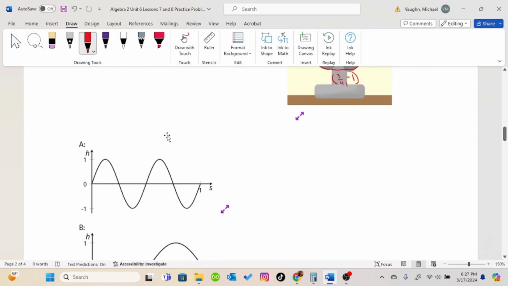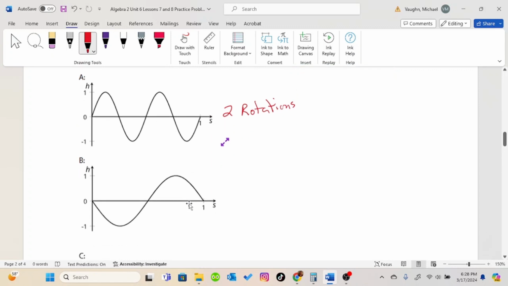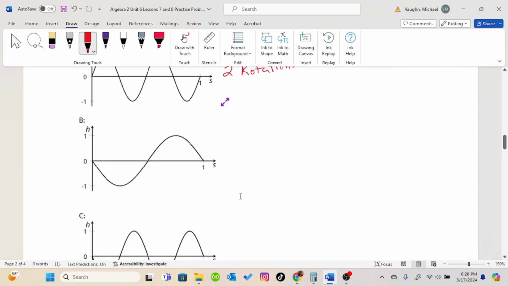So as we look through the choices, A is wrong because it shows 2 full rotations. B is incorrect because it shows it go from 0 height to -1. So this is rotating clockwise.